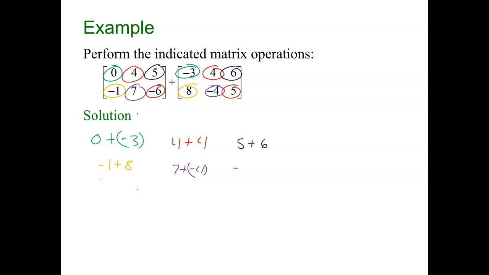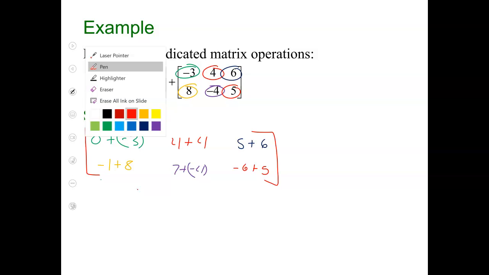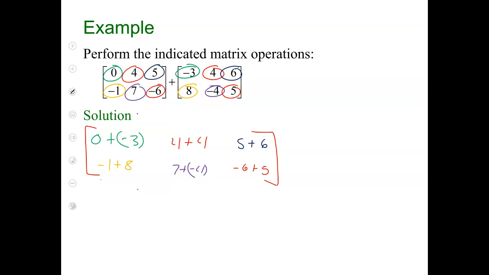Negative 6 plus 5. So all of those are getting added. Alright? 0 plus negative 3. 4 plus 4. 5 plus 6. Negative 1 plus 8. 7 plus negative 4. Negative 6 plus 5. There's your matrix.